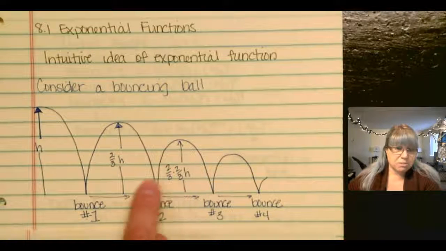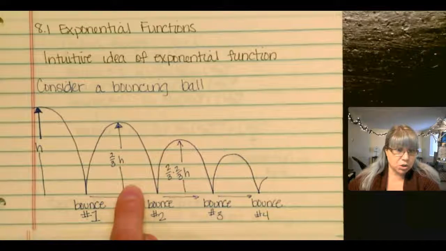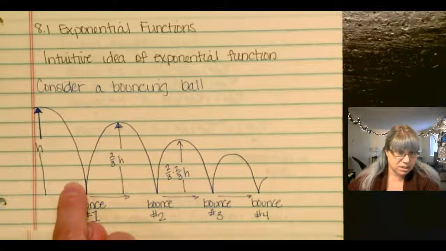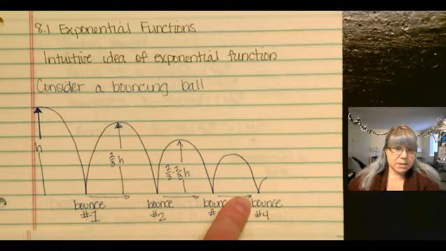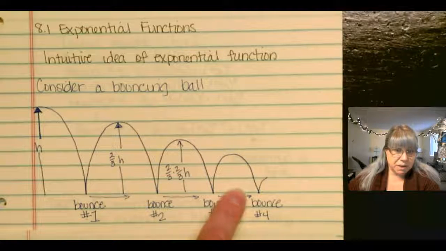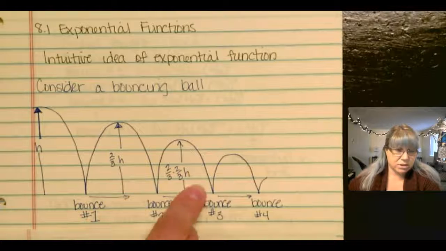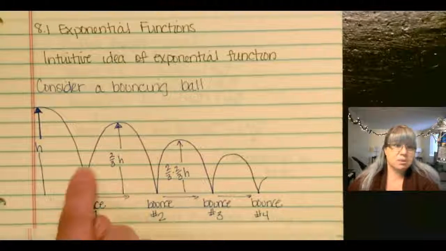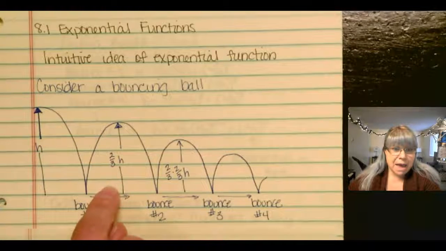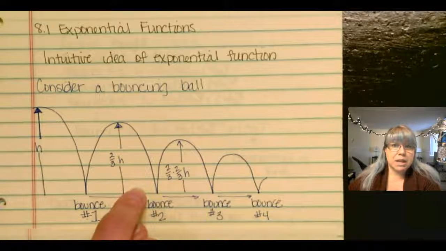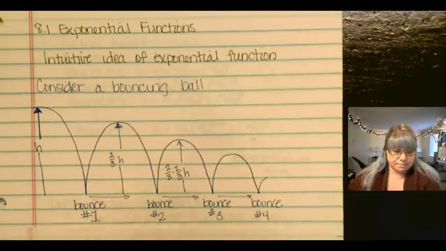So it's 2/3 of the previous bounce, but that was 2/3 of the previous bounce. The next bounce would be 2/3 of the previous bounce, which is 2/3 of the previous bounce. So in essence, for every bounce, we're multiplying by 2/3.